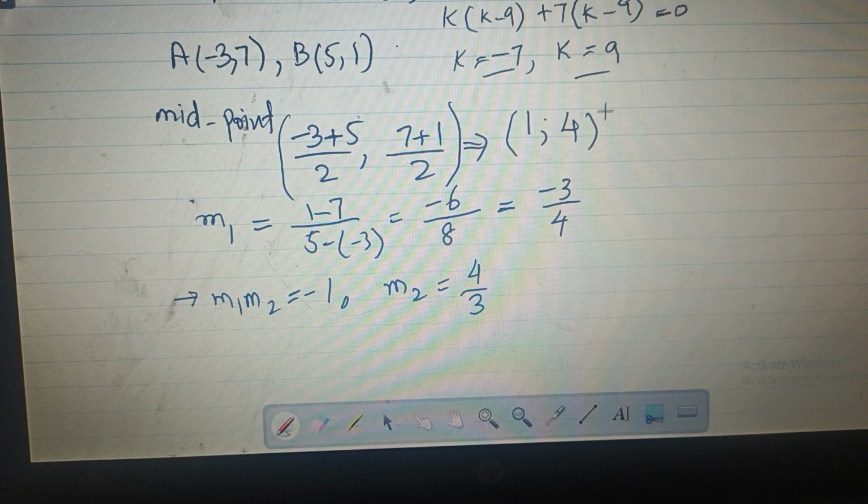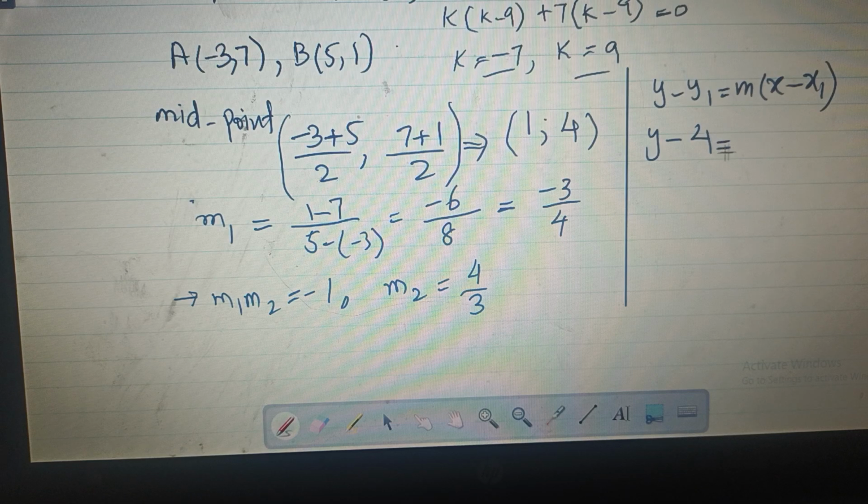Now I will have to go with the equation of the perpendicular bisector. I know the formula: y minus y1 is equal to m into x minus x1. Then I will say here y minus 4, for the midpoint which is 1 and 4, is equal to 4 by 3 into x minus 1.